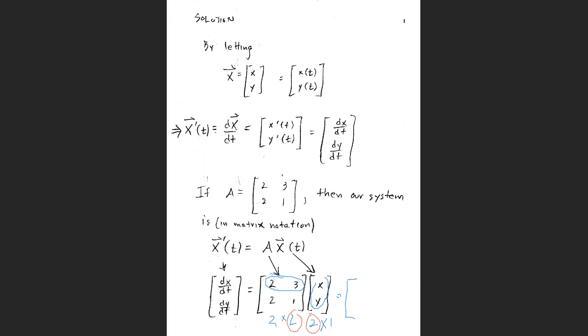So for the first component here, you're going to have 2 times x plus 3 times y. And for the second component, you're going to take the second row and multiply it by that column. And that's going to get you 2 times x plus 1 times y.